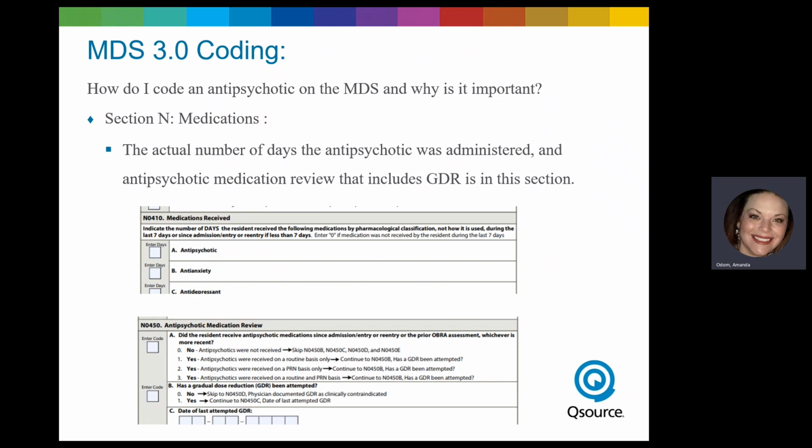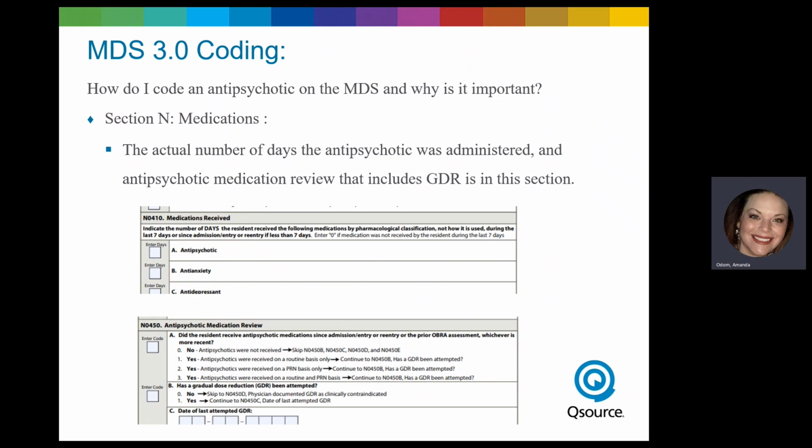The reason these medications are required to be coded on the MDS is because antipsychotic medications are associated with increased risk for adverse outcomes that can affect health, safety, and quality of life of the resident. It also holds the facility accountable for following the regulations related to antipsychotic medication usage as detailed per the clinical element pathways discussed previously in the presentation.